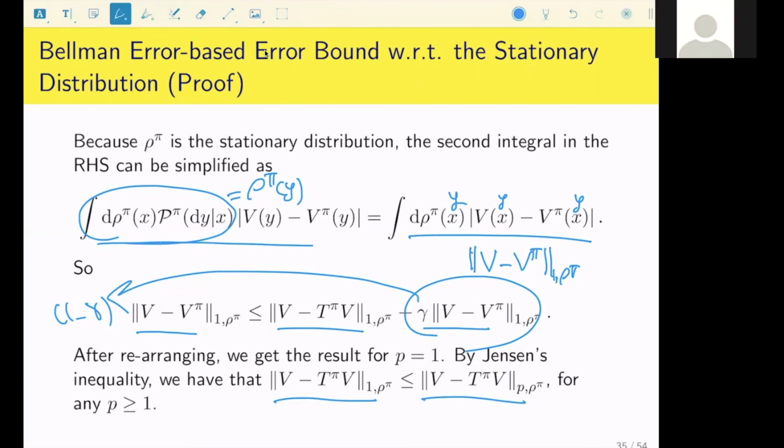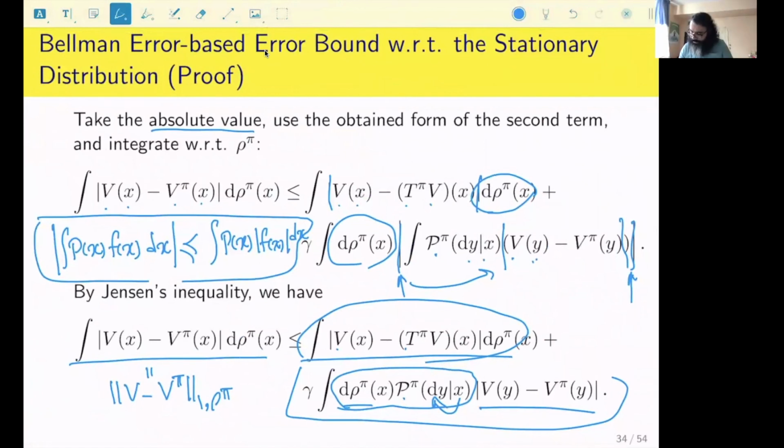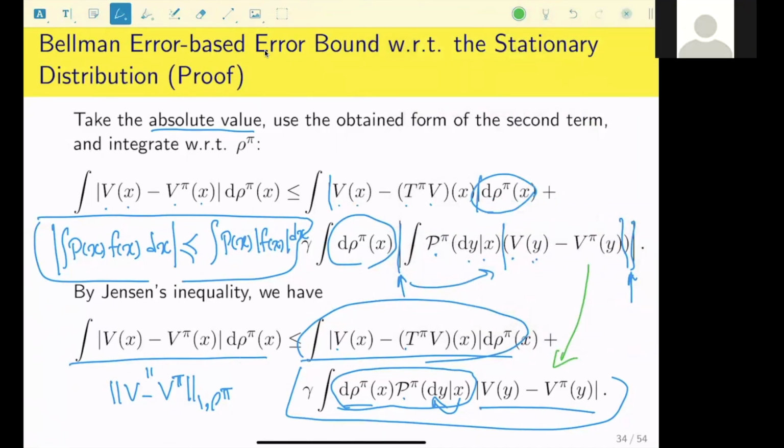Sorry, I thought there was a nested integral for the first equation, but I guess it's equivalent anyways. Are you talking about this step? Right. Okay. So there's a nested integral, but what happened here is that it's a bit crowded.